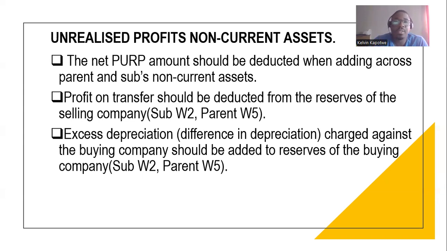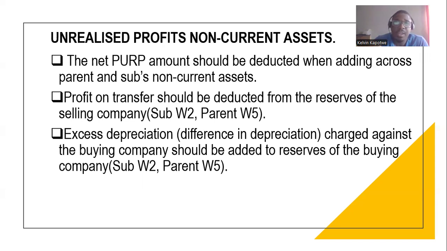All right. Excess depreciation, the difference in depreciation, is charged against the buying company. The buying company is the one that is receiving. So if I'm receiving, then I'm going to charge depreciation. The excess depreciation should be added back to the reserves of the buying company to reinstate that. So you add back the depreciation that you charged, depending on who is receiving.